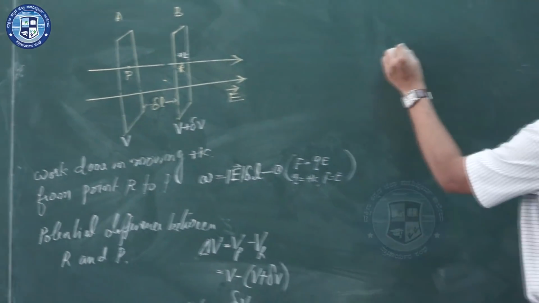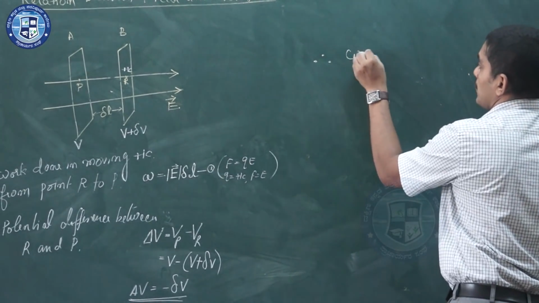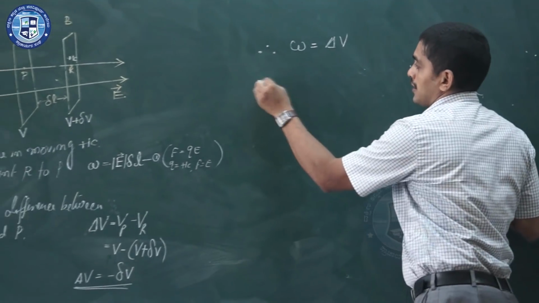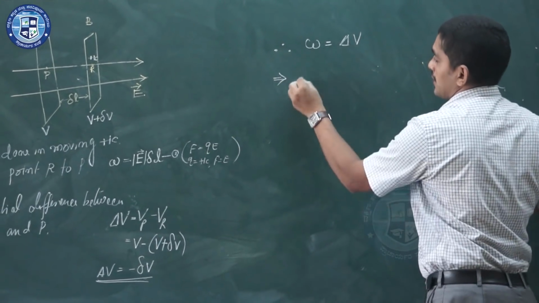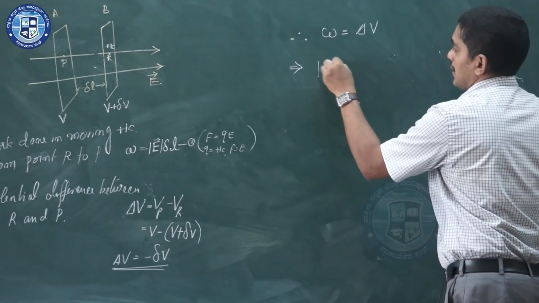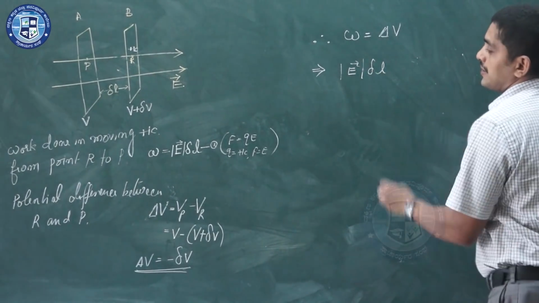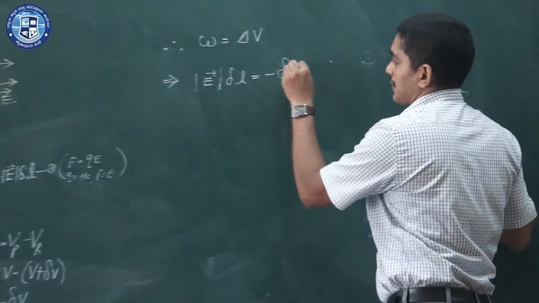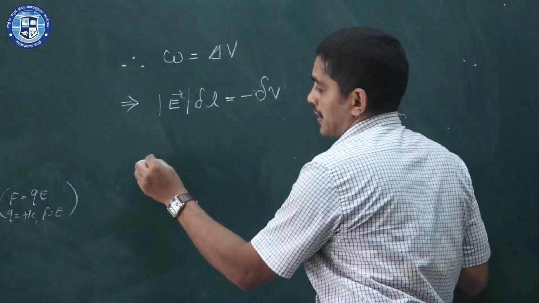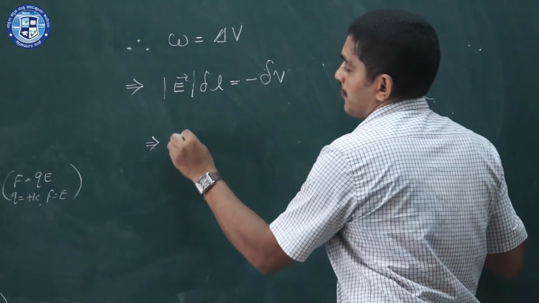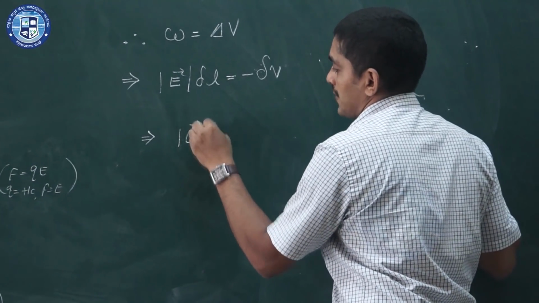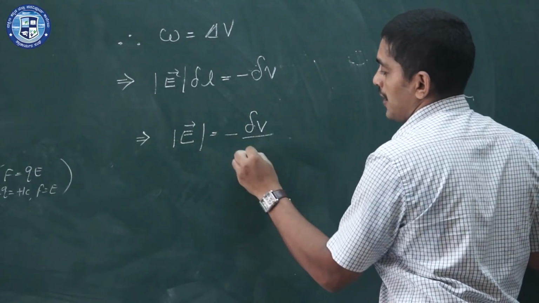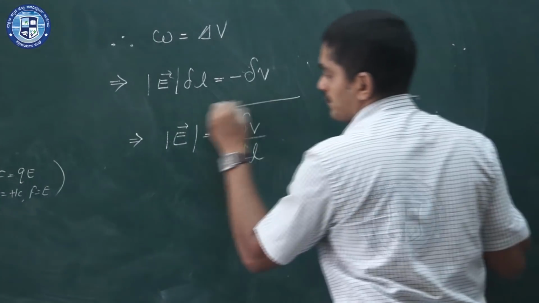Therefore, W becomes equal to delta V. That implies the work done, E into delta L, is equal to the potential difference, minus dV. Now, that gives the magnitude of E equal to minus dV by dl.